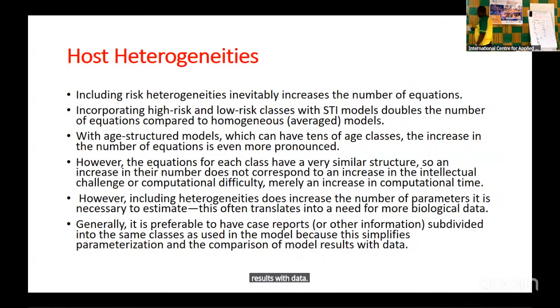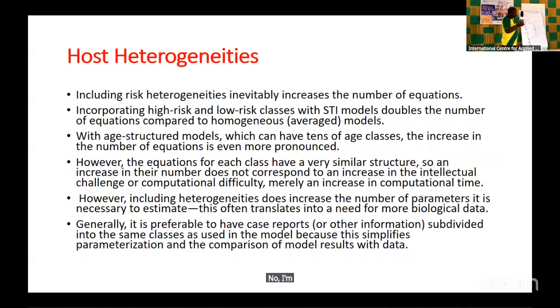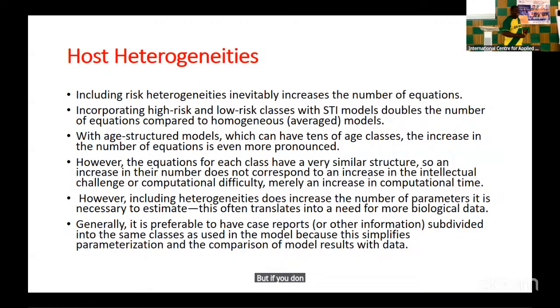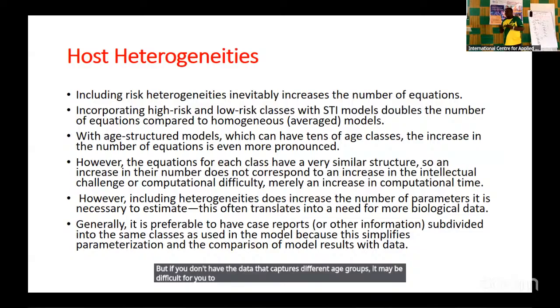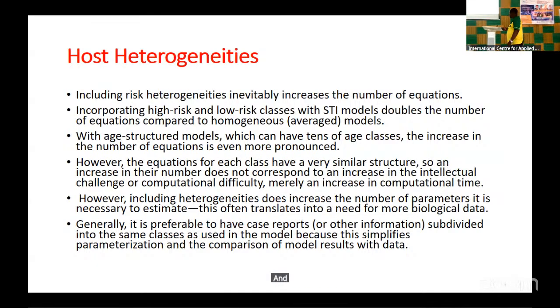So say for instance, I'm capturing people under the age of maybe 5 for my area, and then 5 and above, and I have data on that, then it will be easier. But if you don't have data that captures different age groups, it will be very hard for you, if you want to do a quantitative model, to parameterize and give a good parameter estimation.